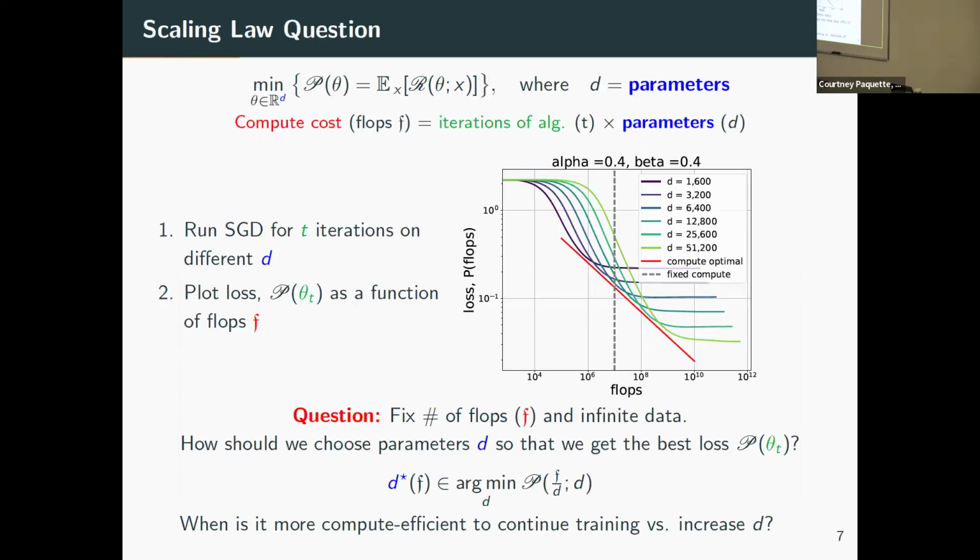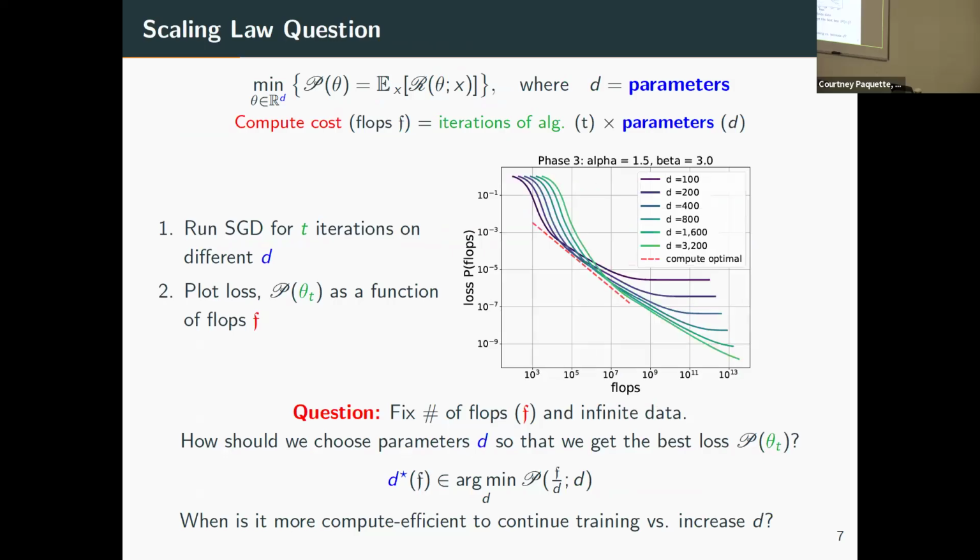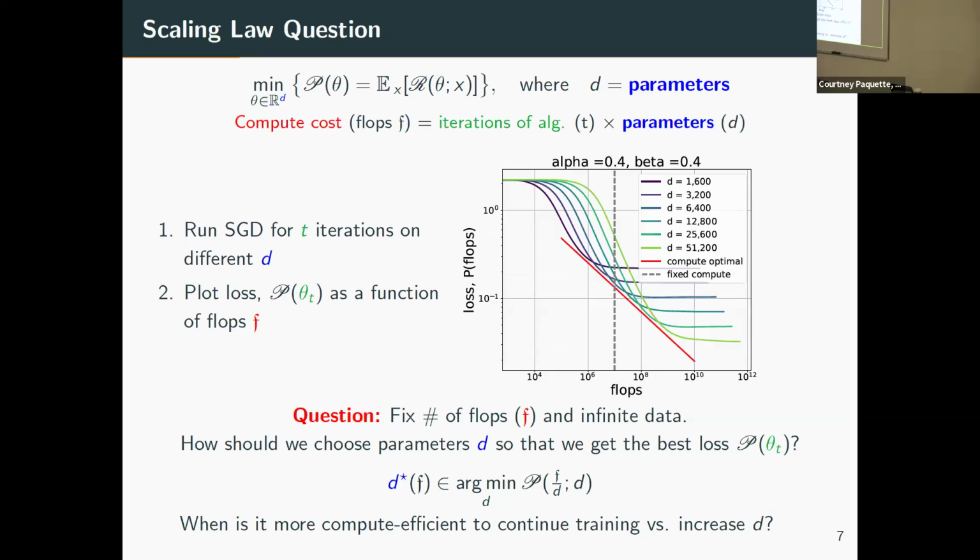Yeah. When you draw this picture, how do you guarantee that your model under a certain architecture behaves similarly under different D? Yeah, so that's part of how they come up with the scaling ladder a little bit. They make it so that as you increase D, you get better performance.